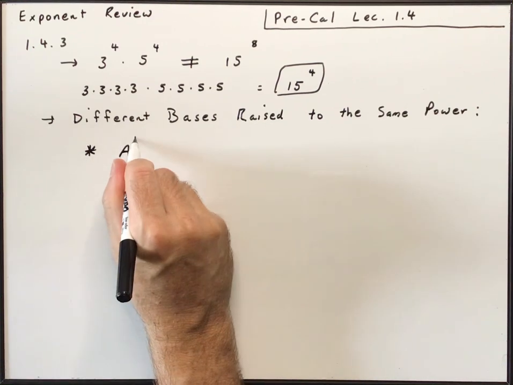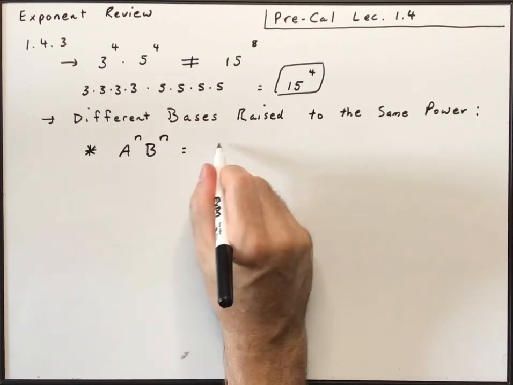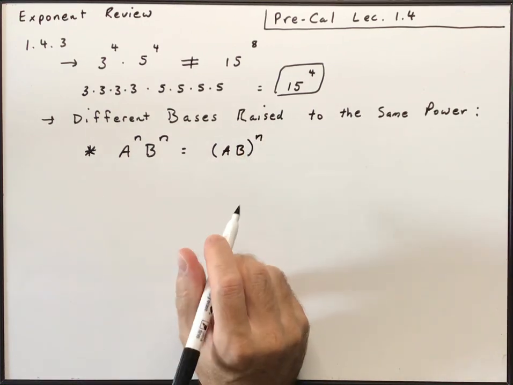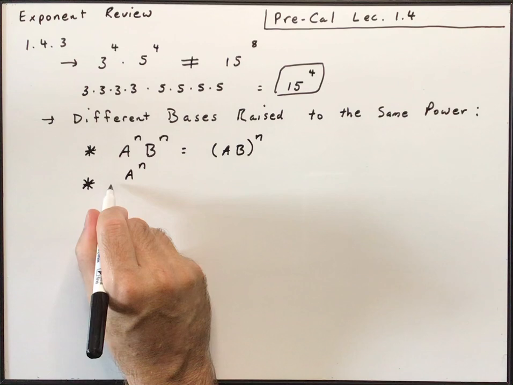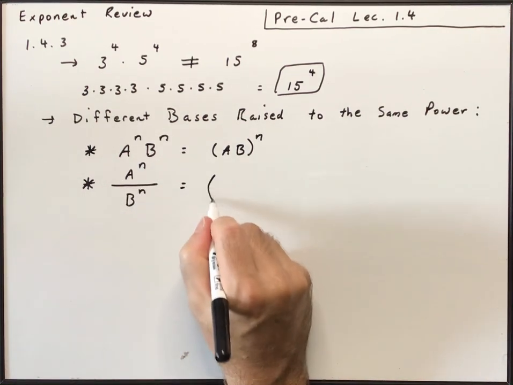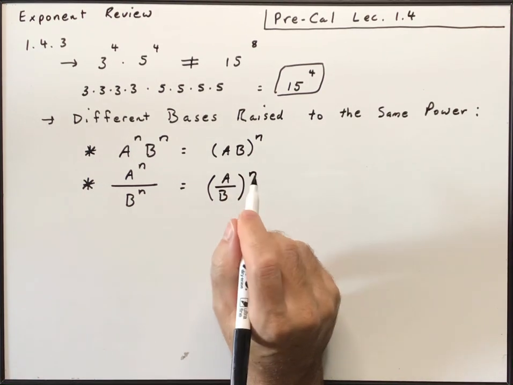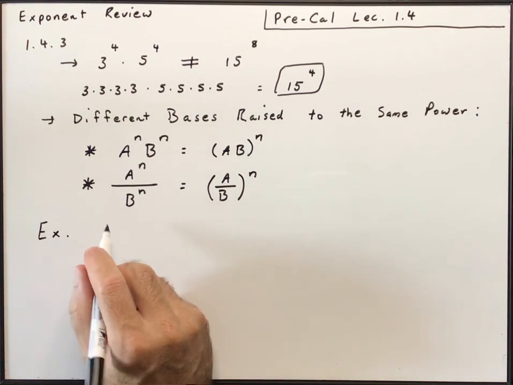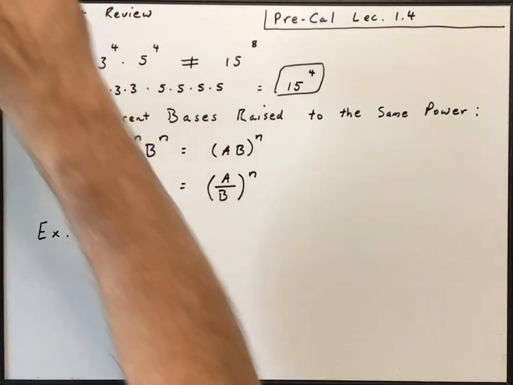A to the n times b to the n is equal to a times b to the n. And also a to the n divided by b to the n is just a over b, whatever that fraction is, raised to the n power. So let's have an example here. Well, let me give you one more rule.